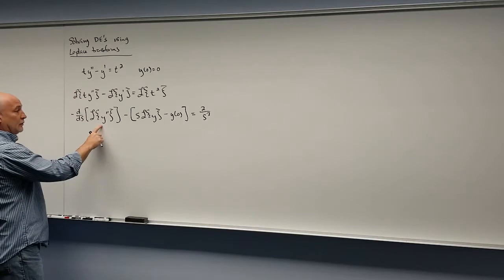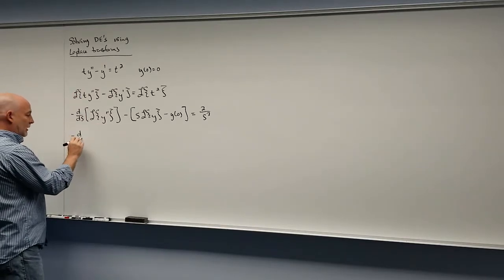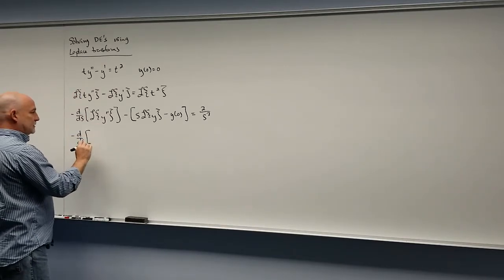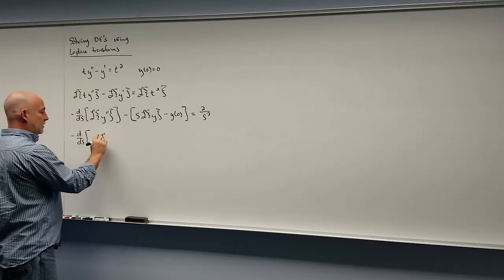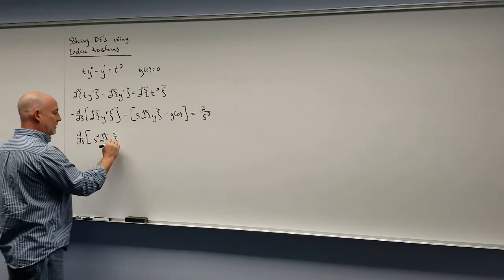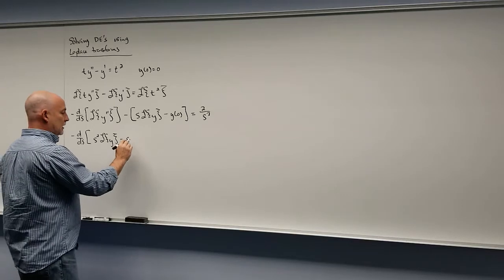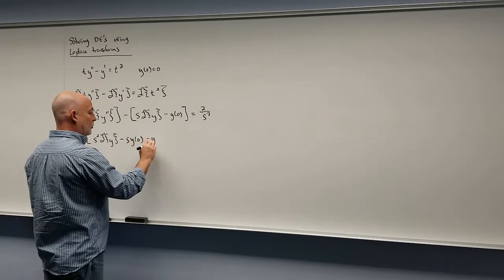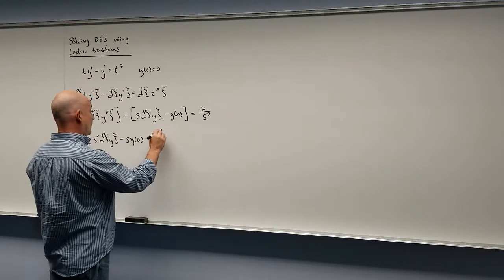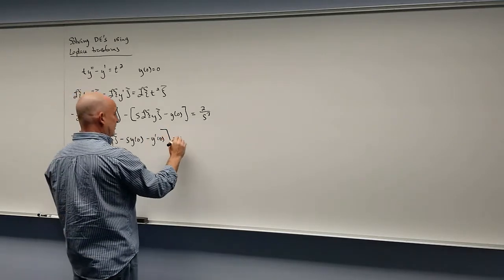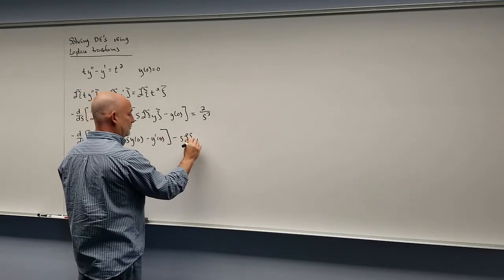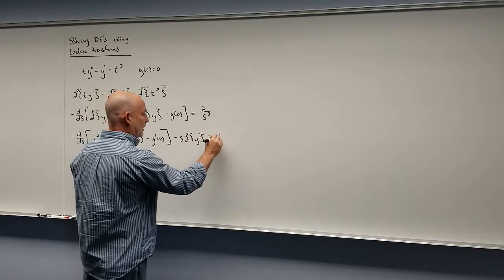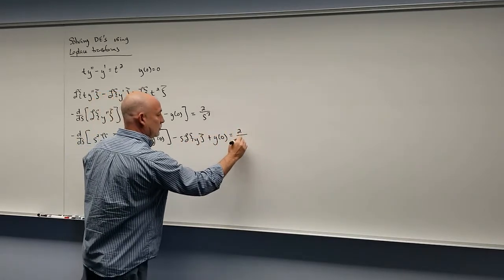Let's go ahead and do the Laplace transform of y double prime, because we know that's going to be s squared times the Laplace transform of y, minus s times y of 0, minus, the s counts down, so y prime of 0. I'm going to go ahead and distribute this as minus s times the Laplace transform of y plus y of 0, equals 2 over s cubed.